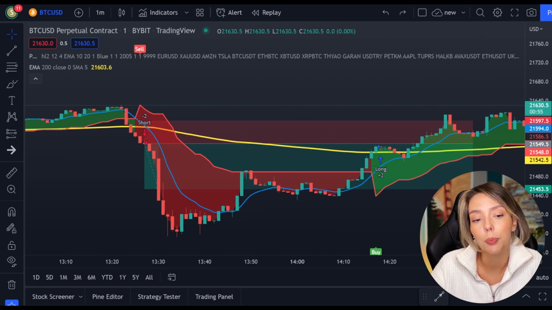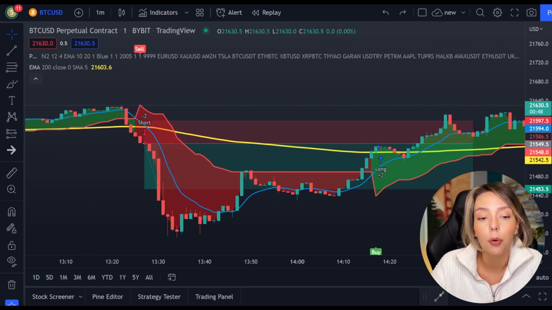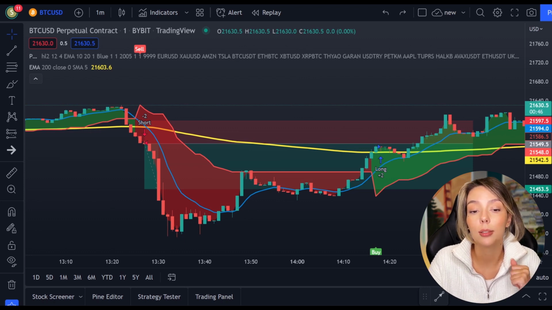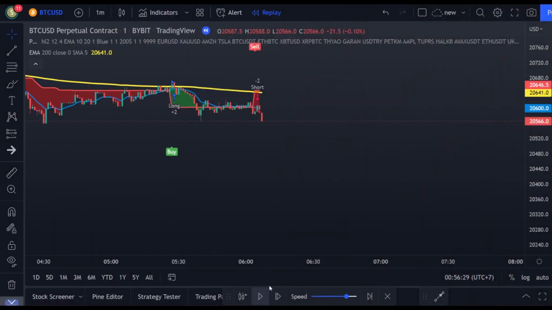Of course, it's always important to test the strategy thoroughly before you start trading with real money. Of course, we already did so with this strategy, but we still recommend you learn how the strategy works before implementing it for real. Here we see another example of a selling position.